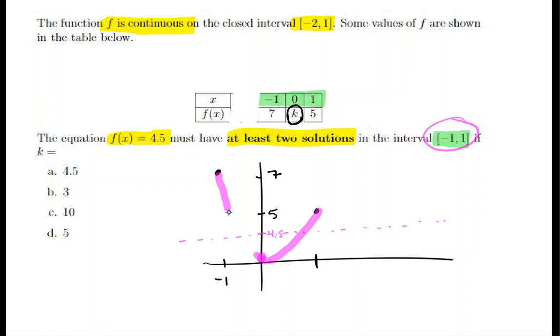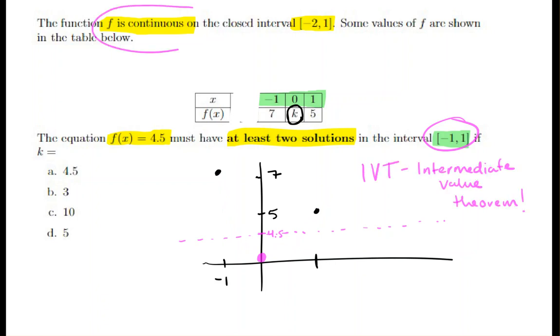It cannot jump over the line. So by the intermediate value theorem, since our function is continuous and we have 2 points, if we can just show at 0 it has some value less than 4.5, we'll know that the function had to continuously pass through 4.5 on the way down and then on the way up.